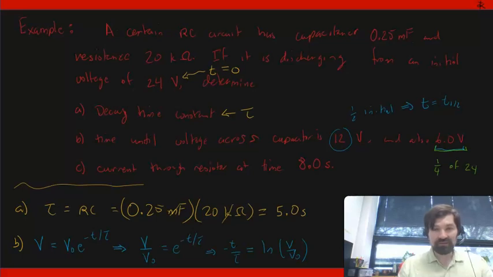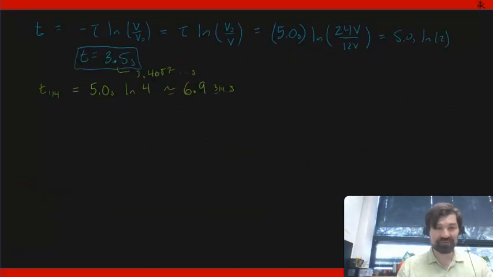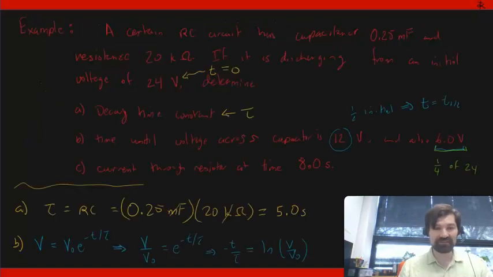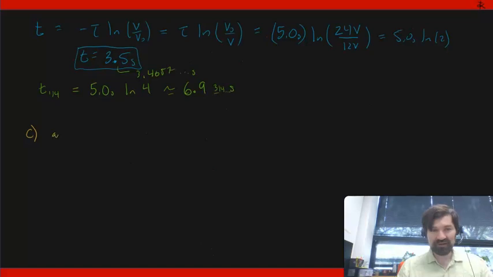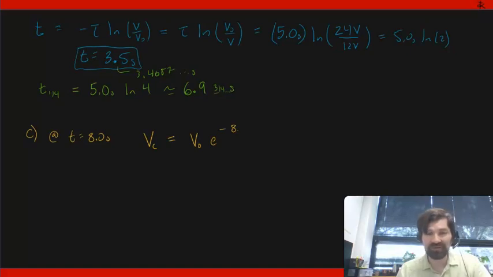All right. Either way, we've solved part B. We're ready to tackle part C. We want to know what the current is through the resistor at time 8 seconds. So at t equals 8.0 seconds, V for the capacitor is equal to V naught e to the negative t divided by tau.